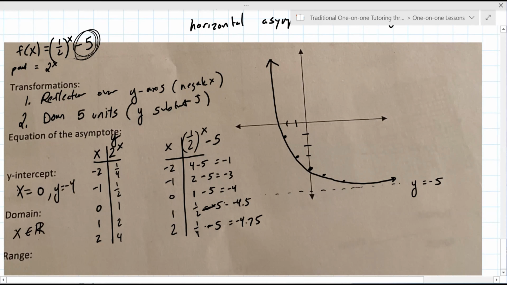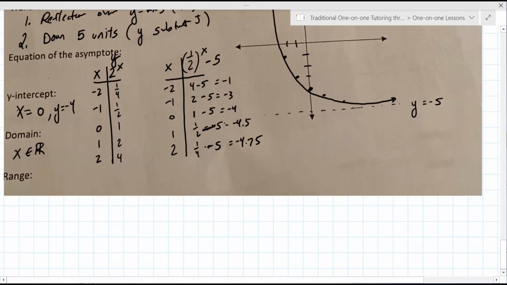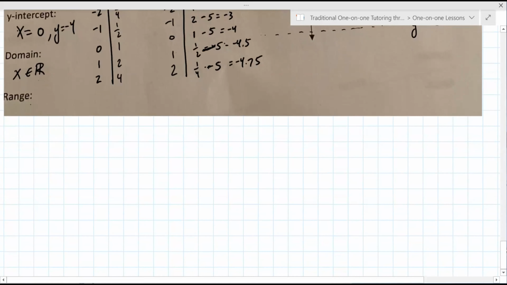The range, though, is kind of like the x squared. There's two possibilities for these.